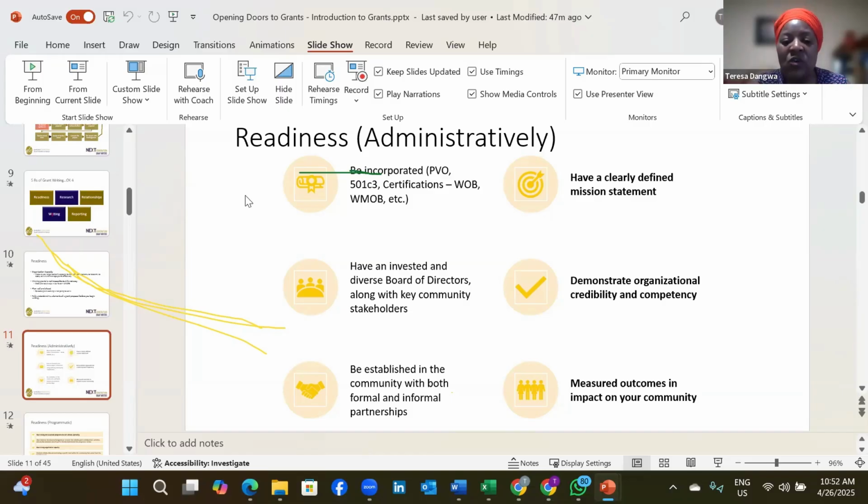Are you established in your community with both formal and informal partnerships? Formal partnerships: you have gone to an organization that is doing something comparable to you.